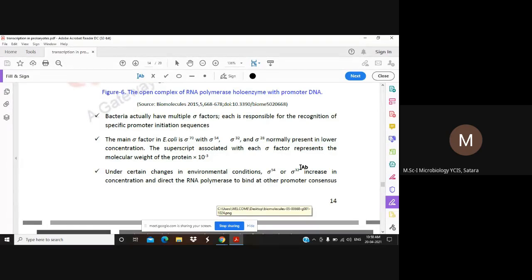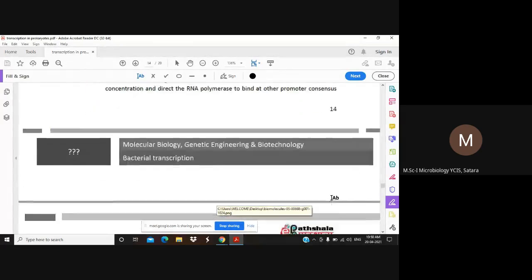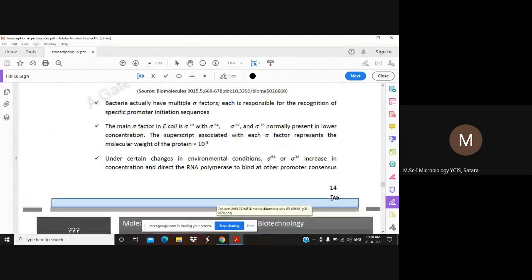Then under certain changes in the environmental condition, different promoters are used. म्हणजे तुम्ही heat shock protein असे ऐकलं असेल शब्द. Heat shock protein means whenever environmental conditions are unfavorable, at that time these sigma factors like sigma 32, sigma 54 increase in concentration and direct the RNA polymerase.